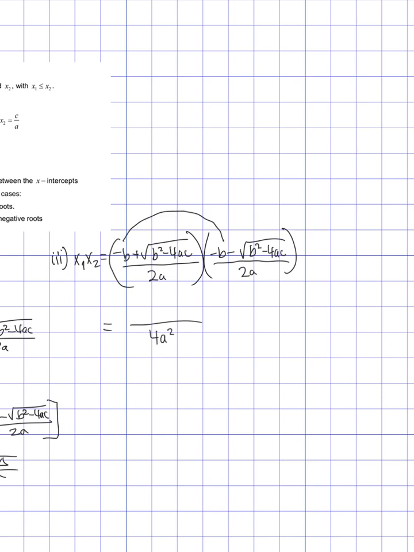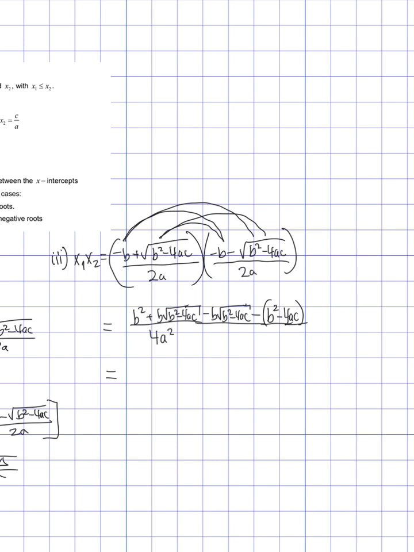So we've got negative b times negative b is b squared, and then we're going to have plus b root b squared minus 4ac, and then this to this, which is minus b root b squared minus 4ac, and then we're going to have minus root b squared minus 4ac times root b squared minus 4ac, which is b squared minus 4ac, all of that.